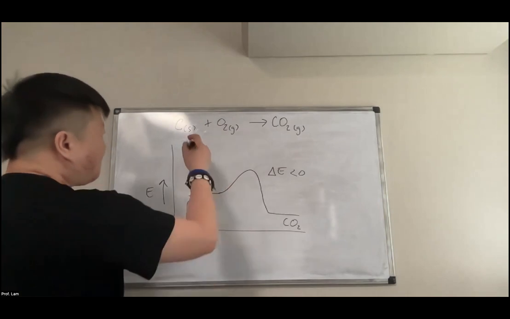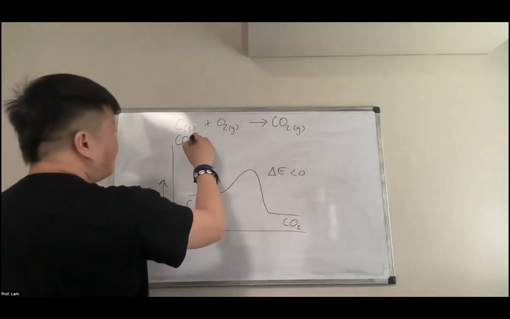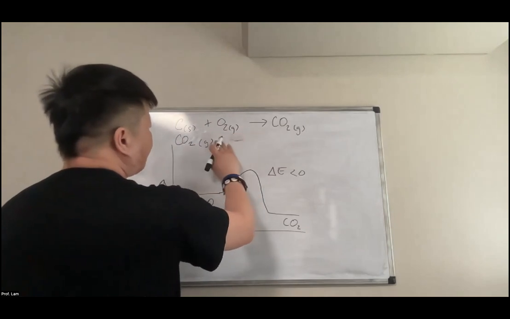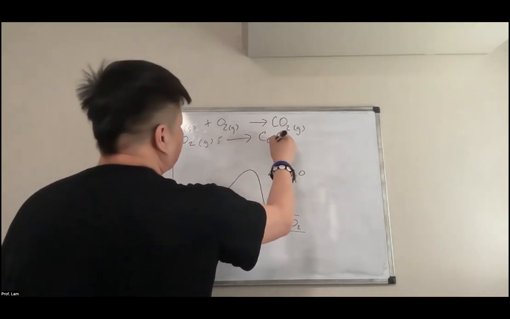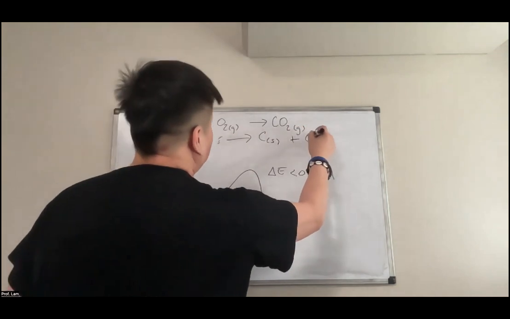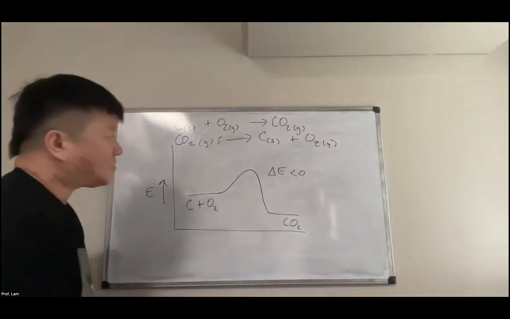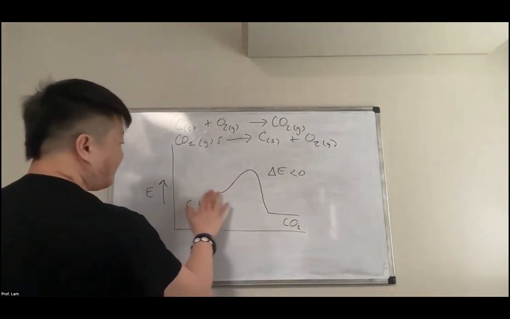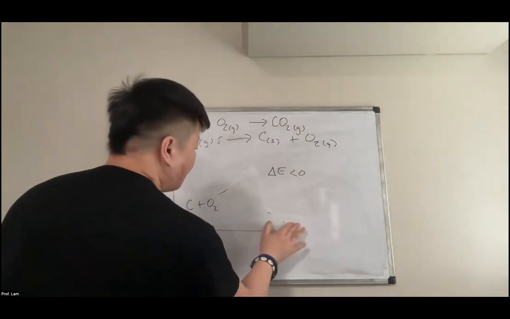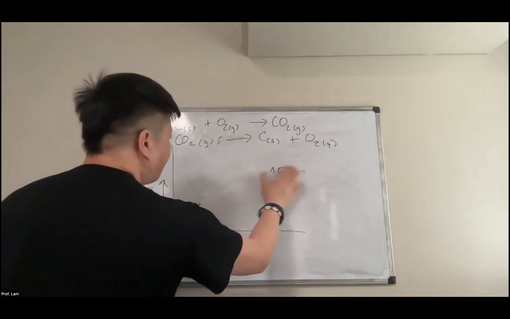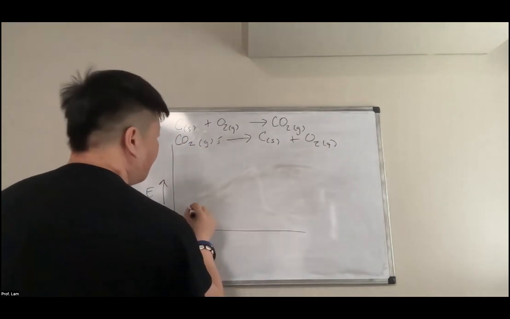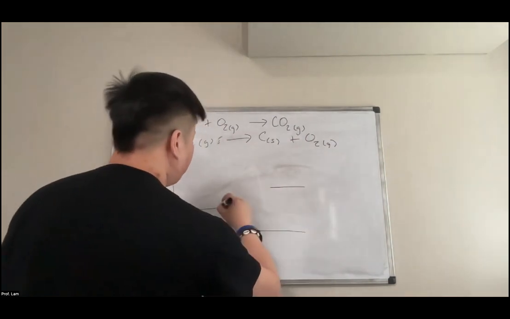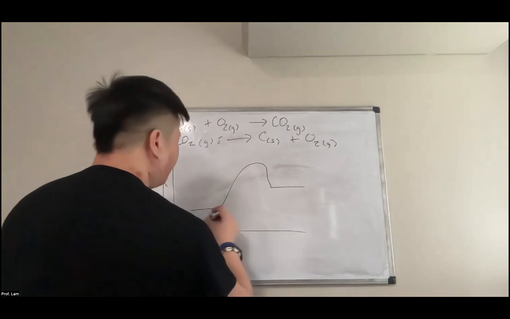But what if I was to flip this around? CO2 gas goes to carbon solid plus O2 gas. Well, since I flipped this around, CO2 is now here, right? So CO2 was here, and C and O2 was up here. So now we have this graph, right?